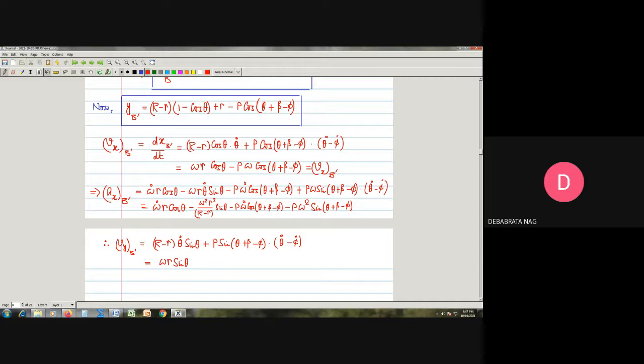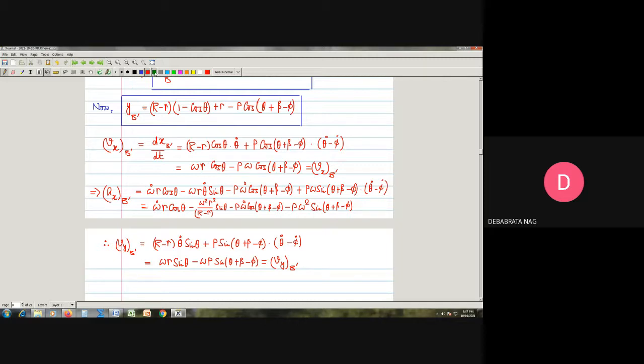And since theta dot minus phi dot is equal to minus omega, we put minus omega into rho into sine of theta plus beta minus phi. So that is going to be my y component of the velocity of the point b dash. This is our y component of the velocity that we have found.